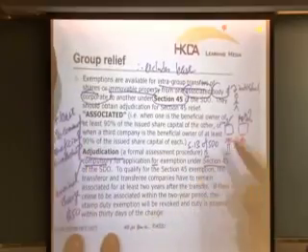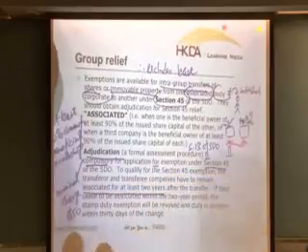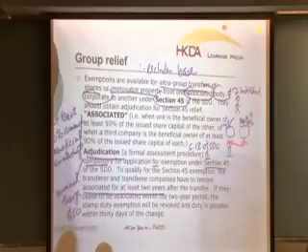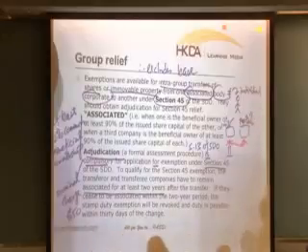Another point you need to know is the association must be at least for 2 years. If the association is not for 2 years, within the 2 years after the exemption, association is ceased, then no exemption will be available.